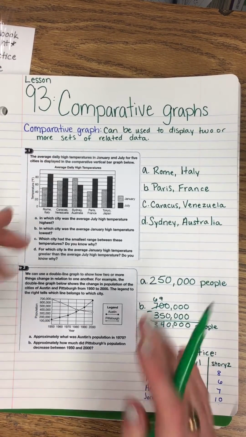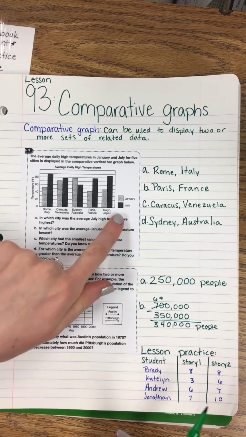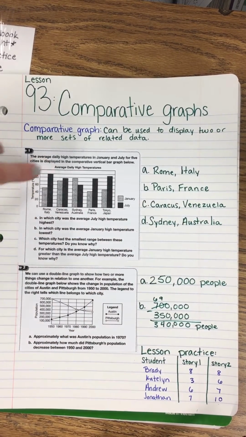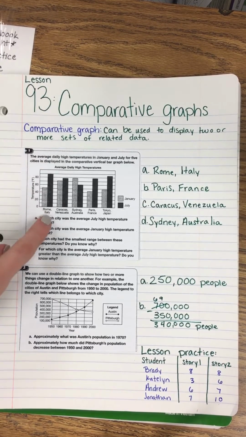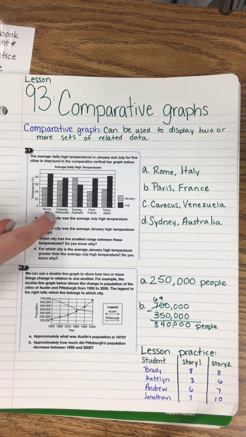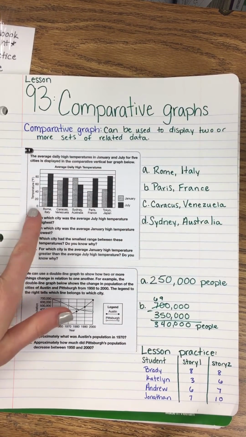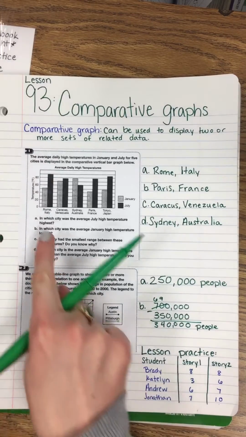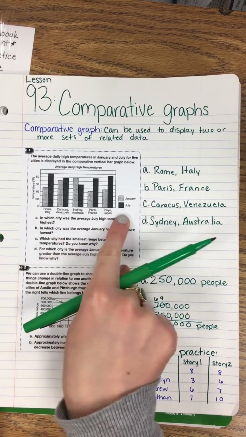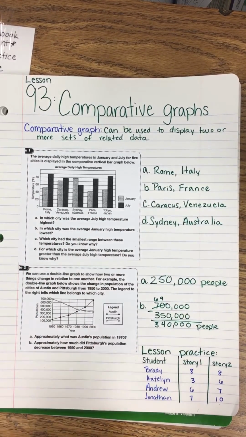You're going to do one that goes horizontal. Make sure you have a key and a title. Your units need to go up in equal increments, and you need a name for each of the bars. Since it's horizontal, your names are going to be on this side, and going across is going to be the number of paragraphs.